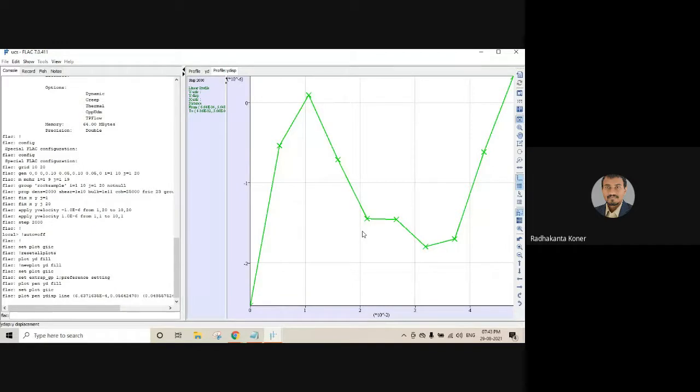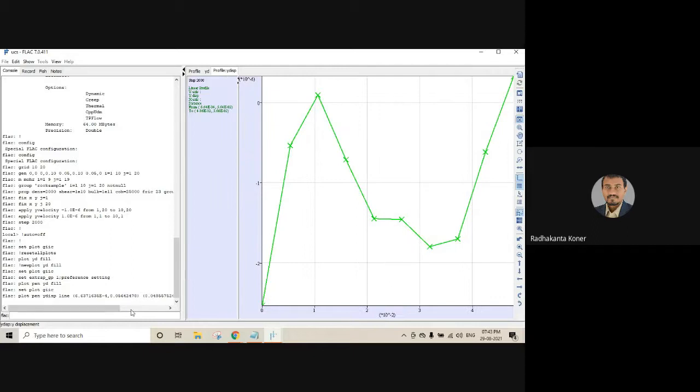So I am now mining out some of the data from the sample. There is a toolbox available. We can do it using the command also. We can put the plot line, then which variable I want to get, then the coordinates of the line along the line. That way we are generally doing that.